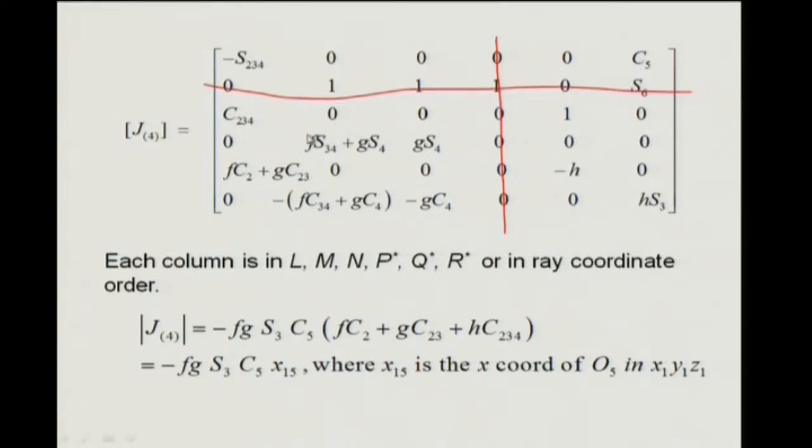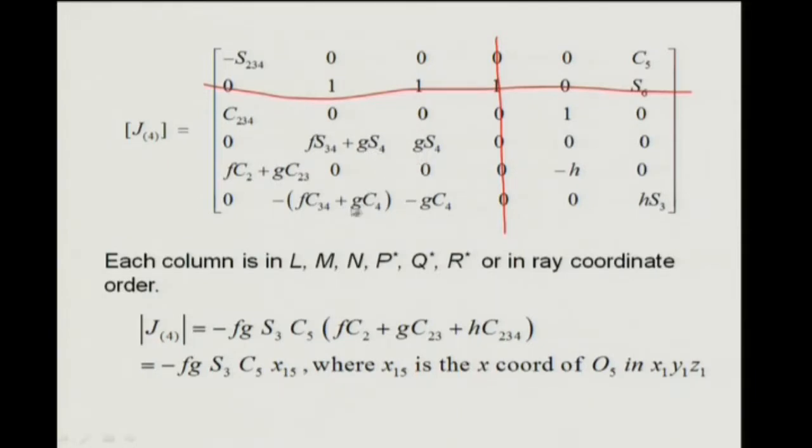Now this one is very interesting. If you look at this term, this term, this term, this term, this 2 by 2 matrix, what is the determinant of this 2 by 2 matrix? This minus GC4 multiplies with this, so you get a term of minus G C4S4.